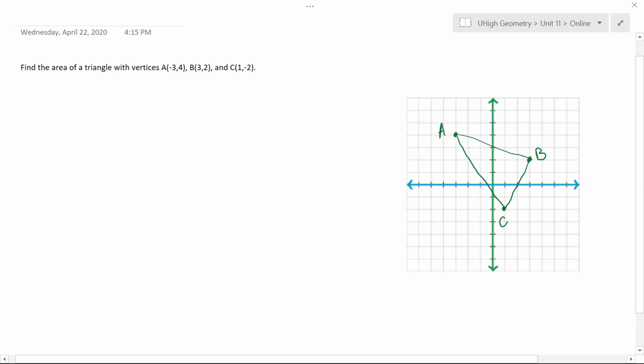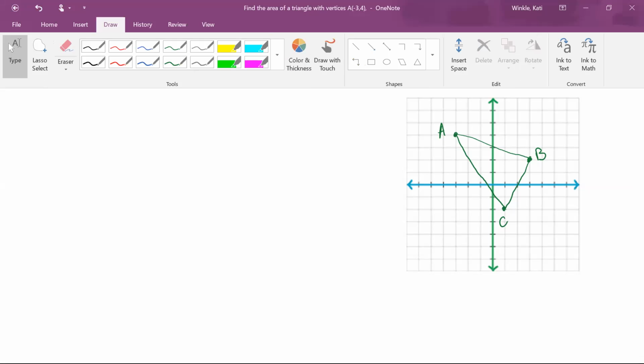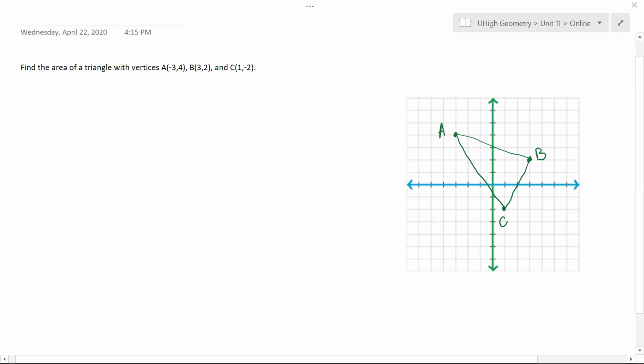So what I'm going to have to do is create a rectangle around this triangle that I can find the area of. And now what I've done is I've created 3 right triangles around my triangle ABC.